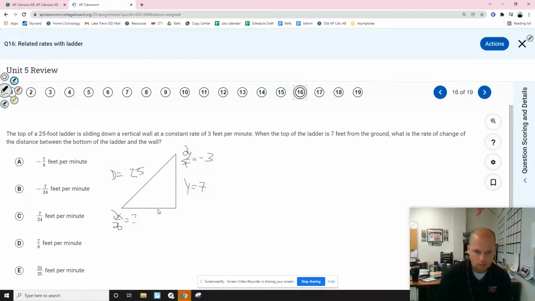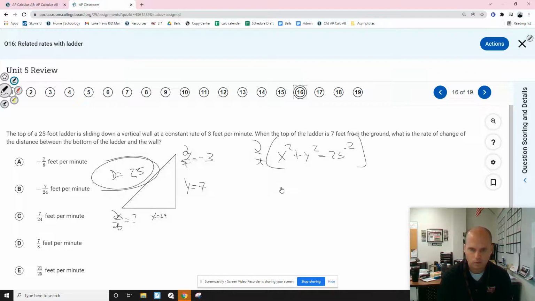You will be given problems that are easier to do without a calculator, so you're not going to be given a 7, 24, 25 triangle. Make sure we understand that's constant. x squared plus y squared equals 25 squared. Taking the derivative of this, 2x dx/dt plus 2y dy/dt equals 0.